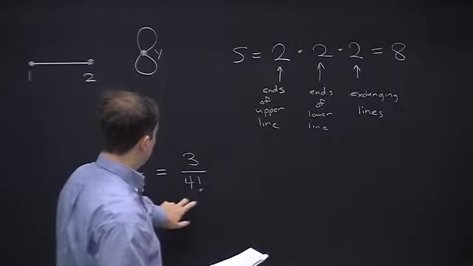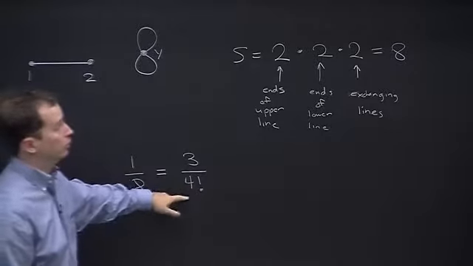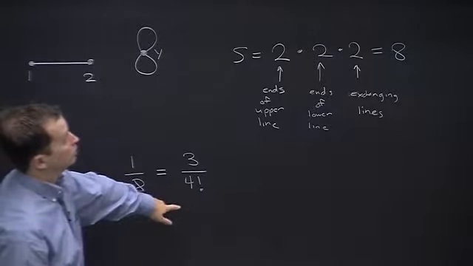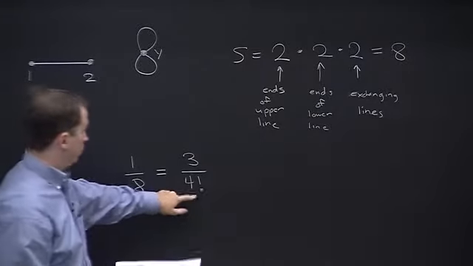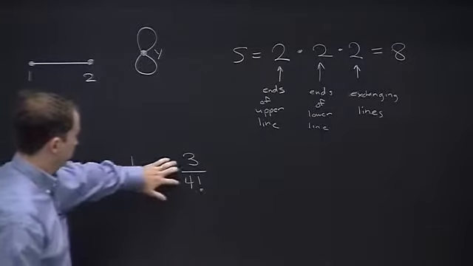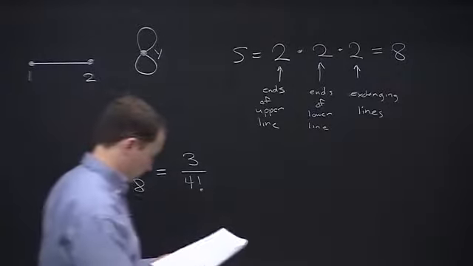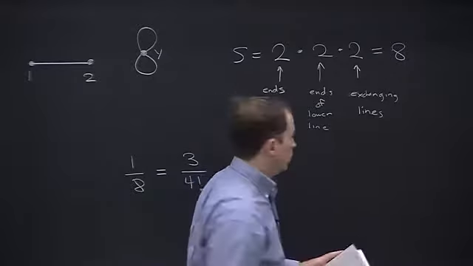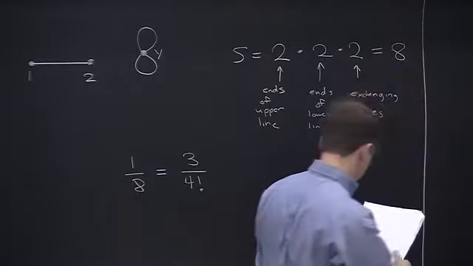And this is really why we chose our interaction Hamiltonian to have a factor of 1 over 4 factorial. And that's something we basically always will do. We'll choose the coefficients in our interaction Hamiltonian so that counting symmetry factors will always give us the same result as using Wick's theorem. OK. So that's the numerator.